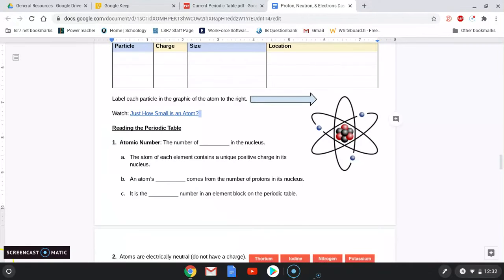First thing says, reading the periodic table, number one, atomic number. And then you have a blank there. It says the number of blank in the nucleus. So the atomic number is going to be the number of protons in the nucleus. If you're trying to figure out how many protons are in some sort of element that you don't know, you just find the element, you find the atomic number, and that's the protons. So let's go ahead and do that.